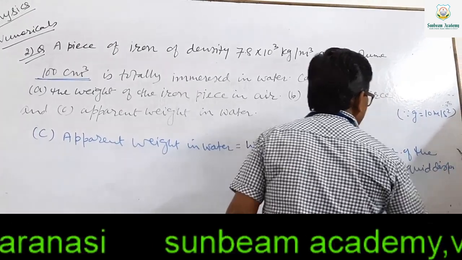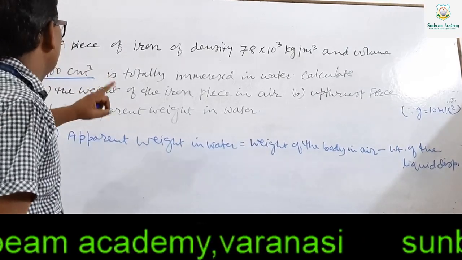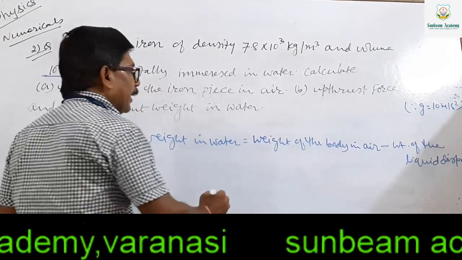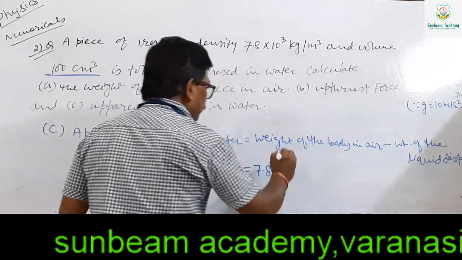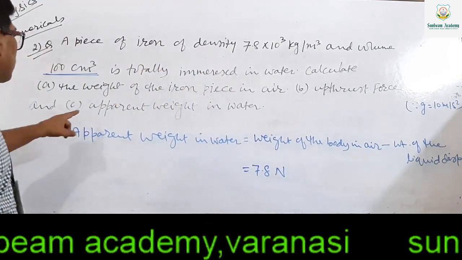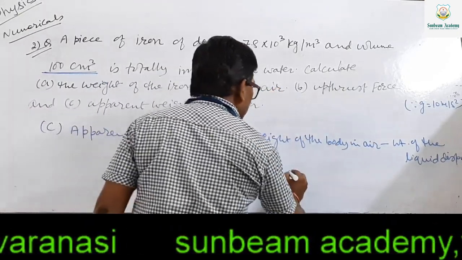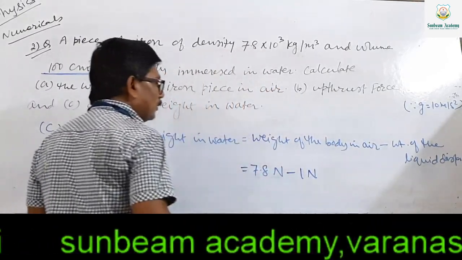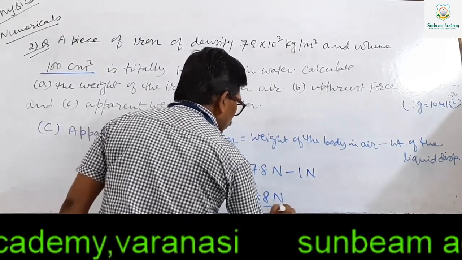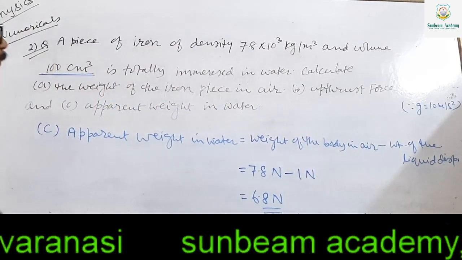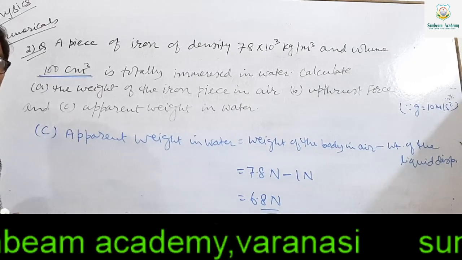You have calculated the weight of the iron piece in air as 7.8 Newton, and just now the upthrust force as 1 Newton. Subtract it and you will get 6.8 Newton. This is the apparent weight of the object in water.